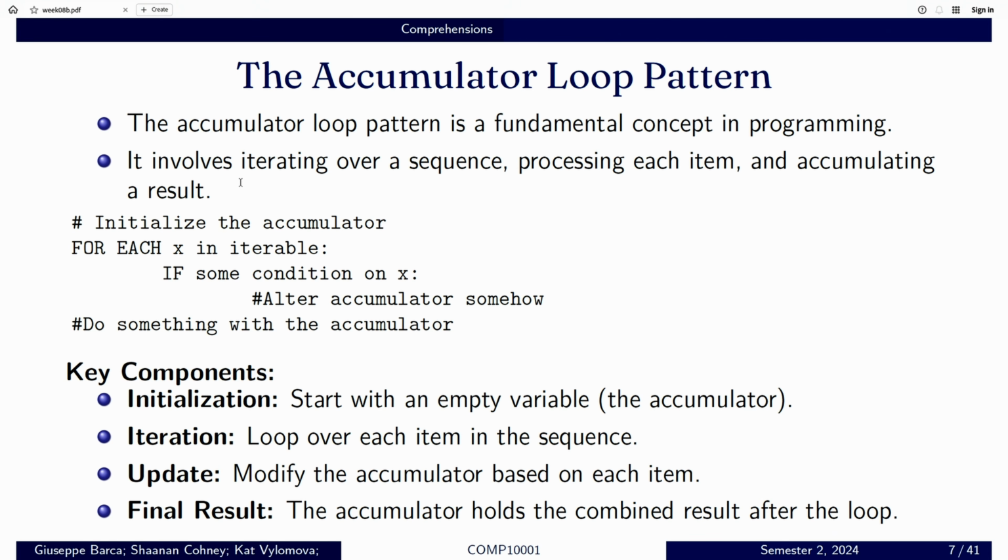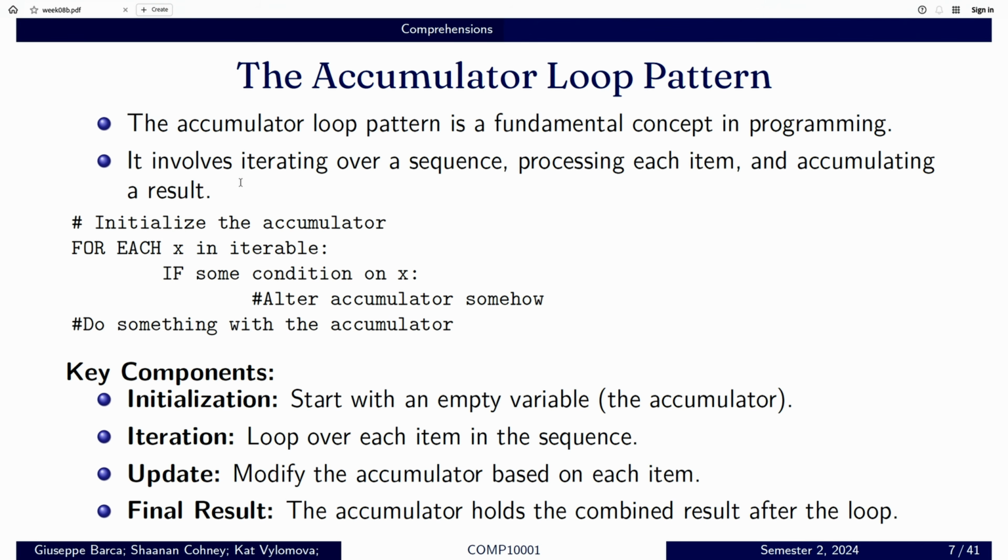Now, from a logical and structural perspective, we can identify four main blocks in this pattern. The first one is the initialization. First of all, we typically create an empty variable called the accumulator, which will hold the final result of our accumulator loop pattern.